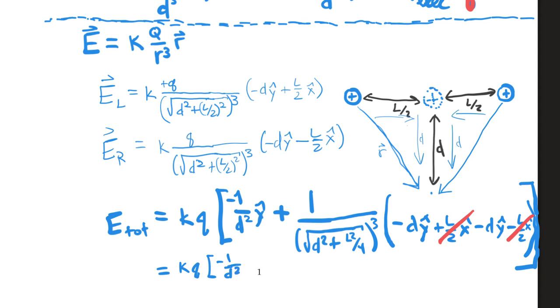And let's put this y hat out front too, so we're in the y hat direction there. And then this is going to be plus 1 over, and I'm going to put the square root and the cube together. You can just write that entire thing as d squared plus L squared over 4, and this whole thing can be to the three-halves power. That's the square root and the cube together, which is fine.